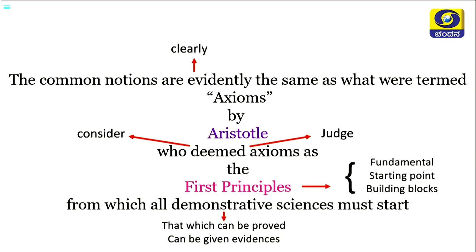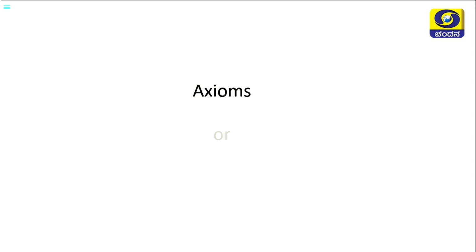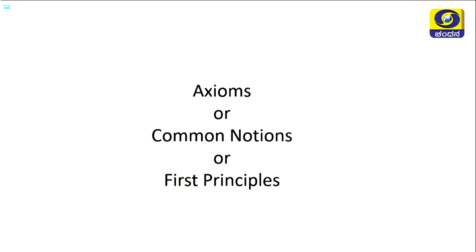So, whatever the science we discuss in our schools, for everything we are going to give the proof or give evidences. For all those, the axioms must be the foundation, must be the fundamental or the starting point, which we call it as common notions also. So, axioms or common notions or first principles are one and the same.